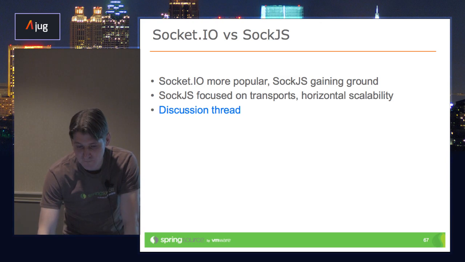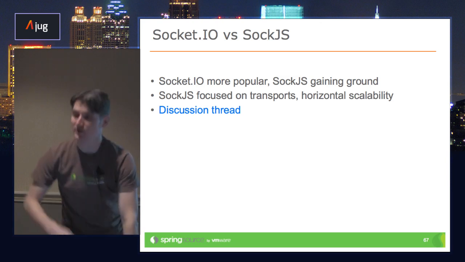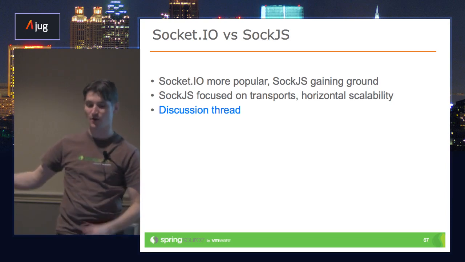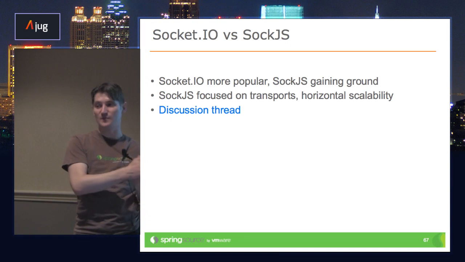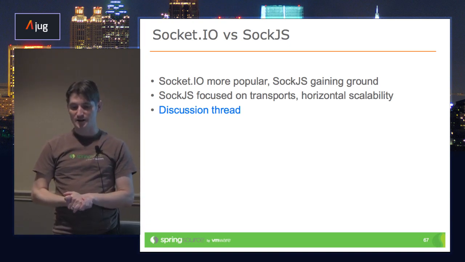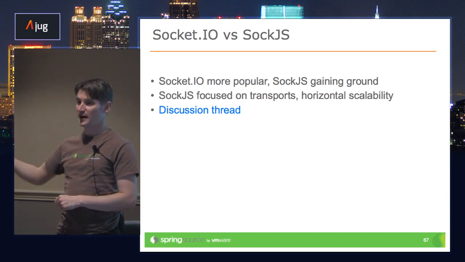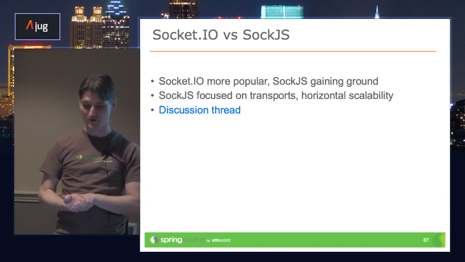And an interesting question is always what to use when you talk about Socket.io versus SockJS. For the longest time, Socket.io was the oldest of those libraries out there. SockJS came about as a little bit newer, a little bit fresher, supposedly more efficient.